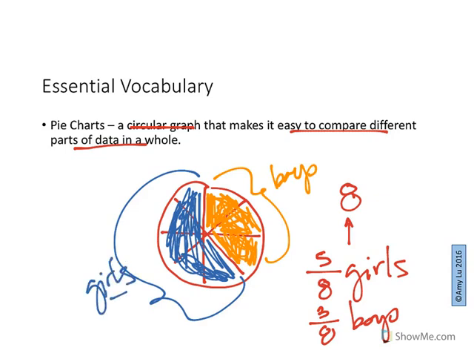So a pie chart basically makes it easy to compare different parts of data in a whole.